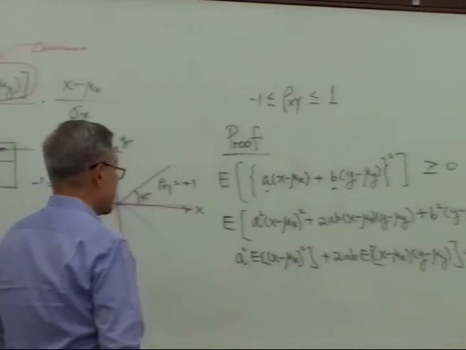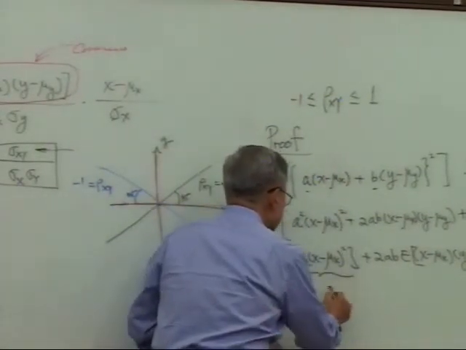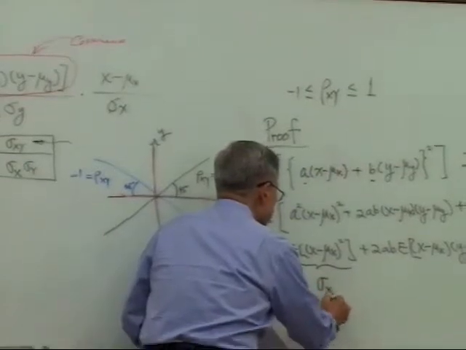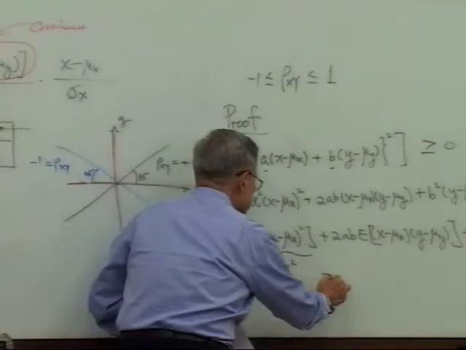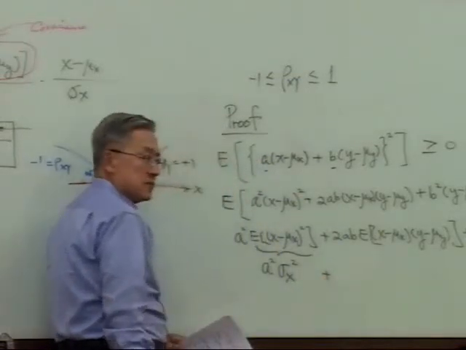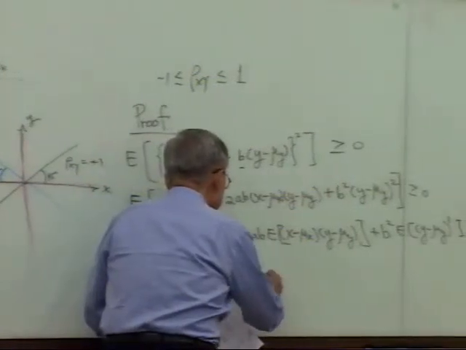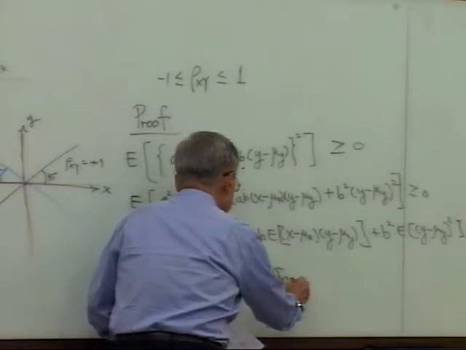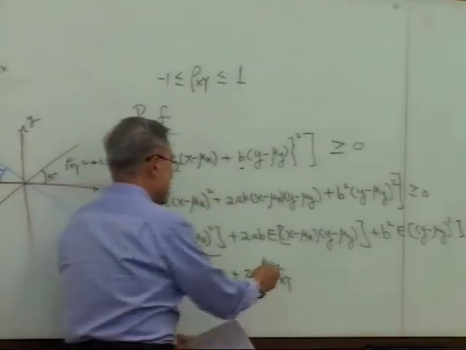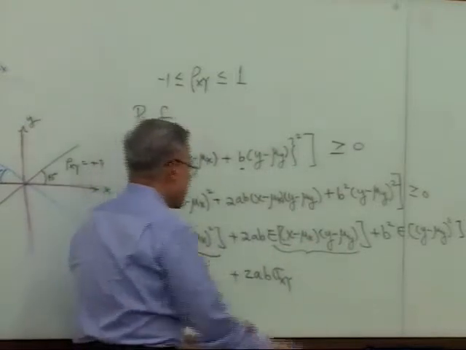So if you look at this, now this is what you call? Sigma x squared. So it's a squared sigma x squared plus 2ab sigma xy. This is covariance. Okay.